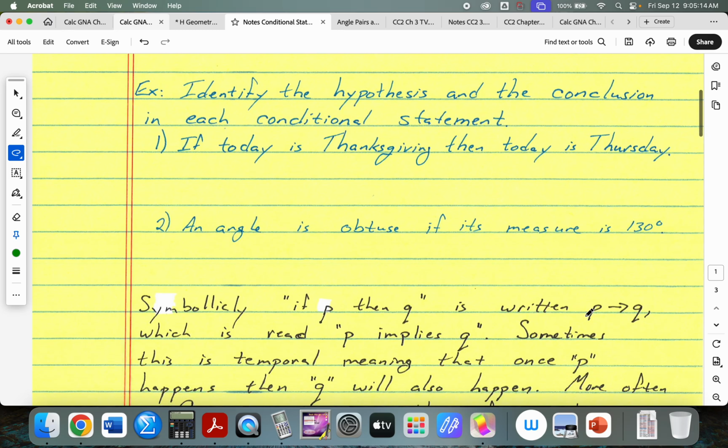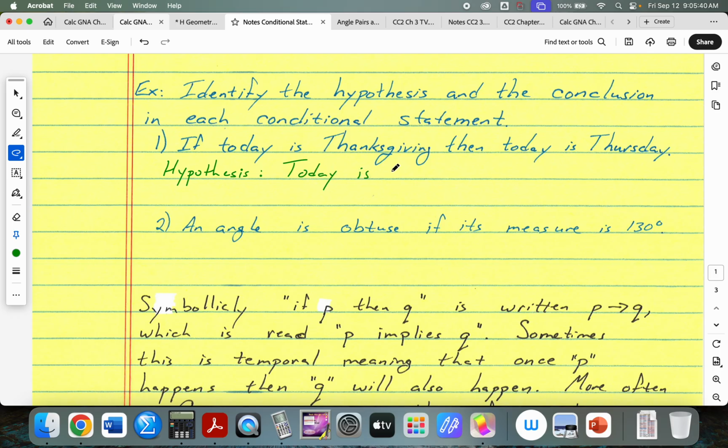So, identify the hypothesis and the conclusion in each conditional statement. When it's in if-then form, it's pretty simple. The hypothesis is what comes after the if, and it is generally a sentence in itself.